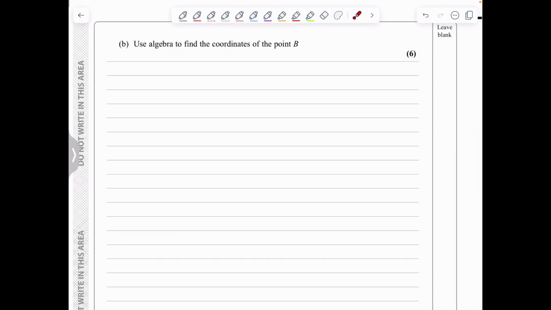In part B, we need to use algebra to find the coordinates of the point B. Remember, the two curves have these equations shown here, and for a point of intersection, I need to equate the two. So this leads to x³ = 10x − x² − 8. I will collect everything on the left-hand side to give me x³ + x² − 10x + 8 = 0.